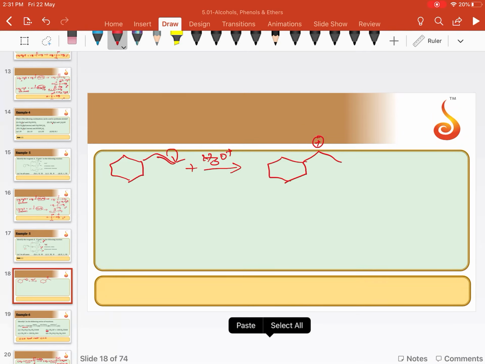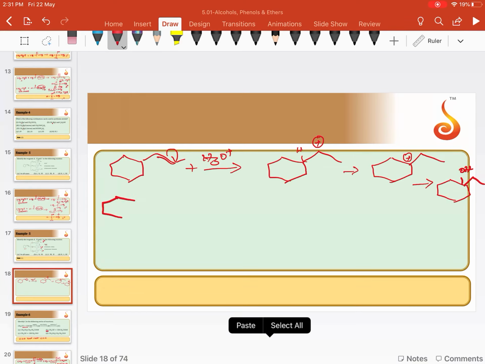So you will get a secondary carbocation here, which rearranges, means 1,2 hydride shift takes place, to form a tertiary carbocation. So this on hydrolysis forms tertiary alcohol. So acid catalyzed hydrolysis will give tertiary alcohol.